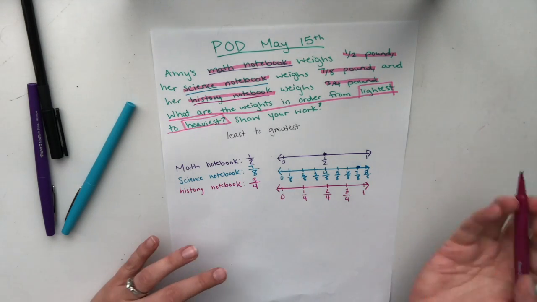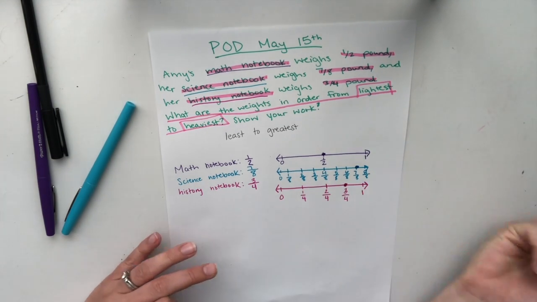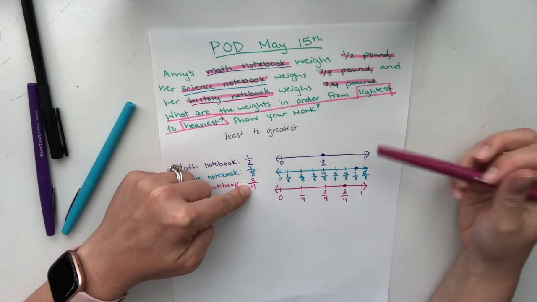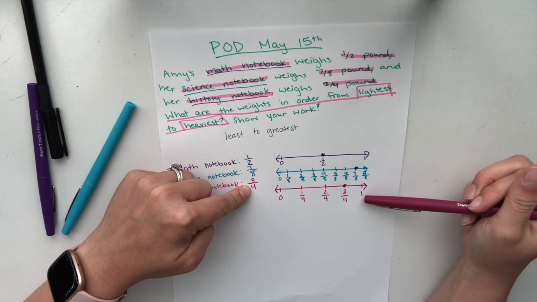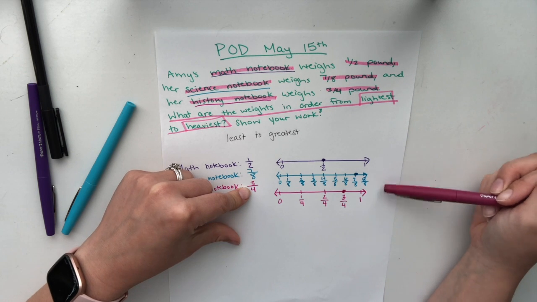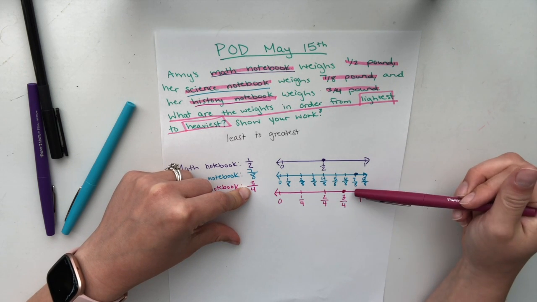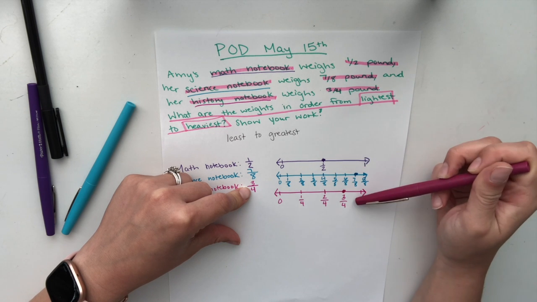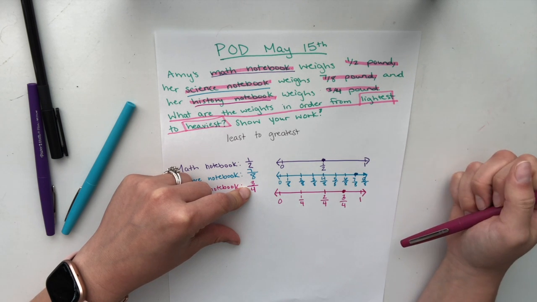All right, and I'm going to have my circle. So, do you see how important it is to have my linear models the same size? Because now I can clearly see my answer. 1/2 is less than 3/4, which is less than 7/8.